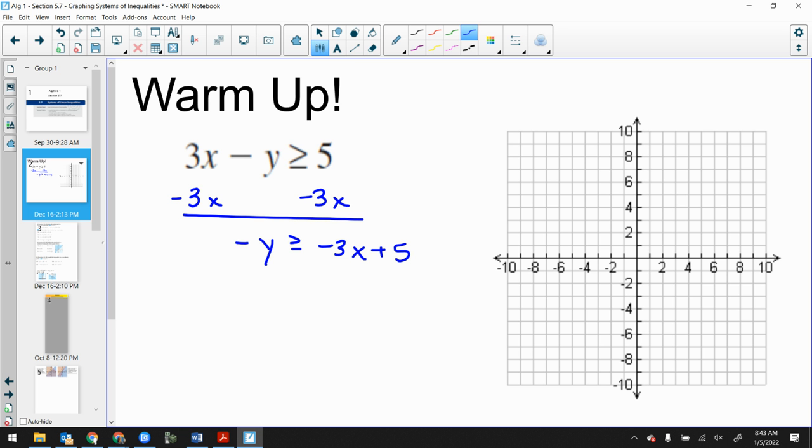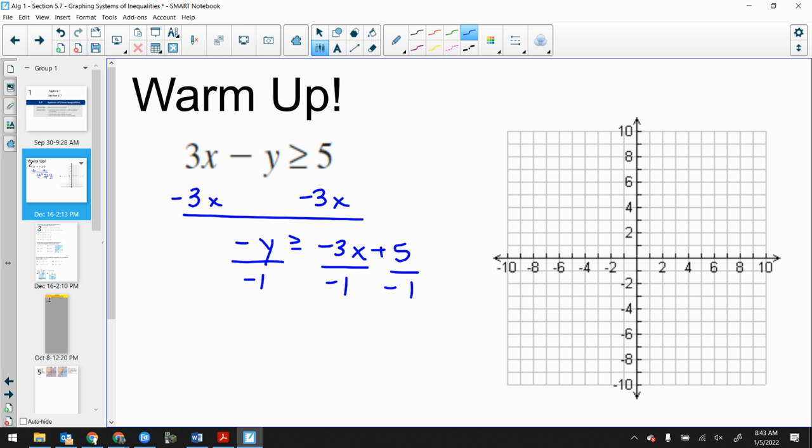Now, I bet a lot of you got to here. Does anybody know what to do now? Rana? Good. Because I can't leave it like this. I can't leave it like this because y is not completely alone. So I have to divide by negative 1 over to the other side. And I like what Noah said.